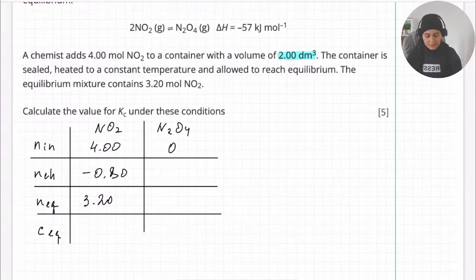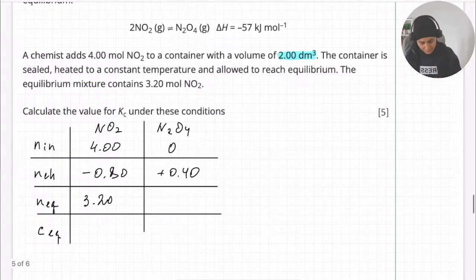Now for the change line, I can apply the ratio. So if I have 2 NO2, I get 1 mole of N2O4. So the ratio is 2 to 1, which means that the change for N2O4 would be plus 0.4. Why plus? Because it's the product, right? So you form a product. And 0.4 because it's 0.8 over 2.